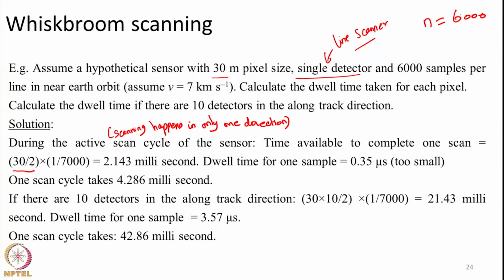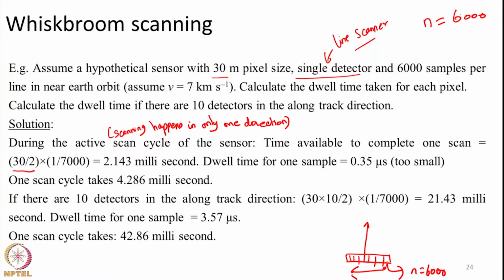Here I am bringing in the factor of 2, because the pixel size is 30 meters. So, essentially the satellite is moving like this. Let us assume the scan starts from here and it moves here. Let us assume this is a 30-meter line and it has 6000 pixels, n is equal to 6000.